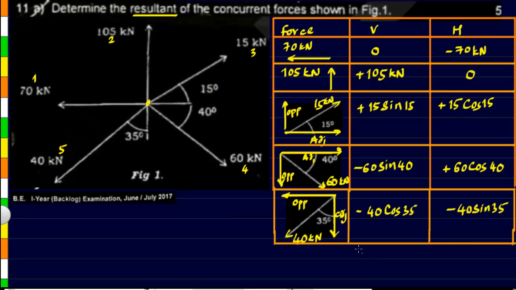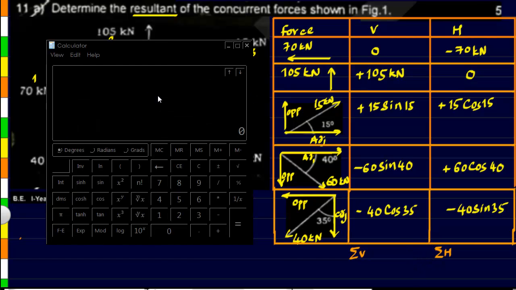So now we have taken all the forces here in this table. Adding all the vertical components will give us the sum of vertical components. Adding all the horizontal components will give us the sum of horizontal components. So now let's proceed to do the calculations. For sigma v first, the first is 0 of course, so I'll just neglect it.